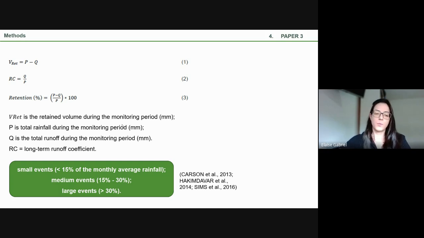So instead of fixed values in millimeters, we changed the classification to a percentage of the monthly average precipitation. For each of the two sites, we chose small events to be less than 15% of the monthly average rainfall, medium events between 15 and 30%, and large events higher than 30% of the monthly average precipitation.